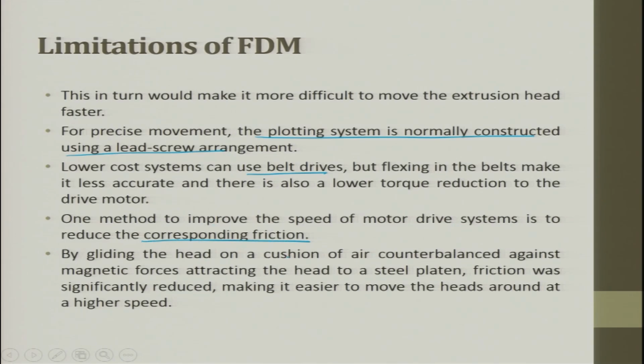So, we go for polymer timer belts. By gliding the head on a cushion of air counterbalanced against the magnetic force attracting the head to a steel pattern, friction was significantly reduced, making it easier to move the head around at a higher speed. So, this is to reduce the friction.